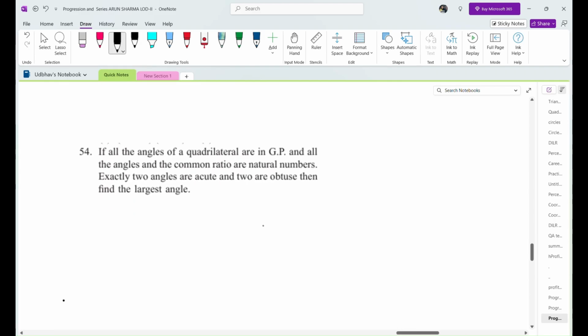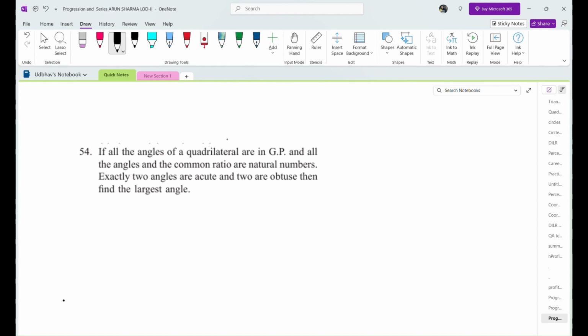If all the angles of a quadrilateral are in GP, find the angles and the common ratio, and all the angles and the common ratio are natural numbers. Exactly two angles are acute and two are obtuse.